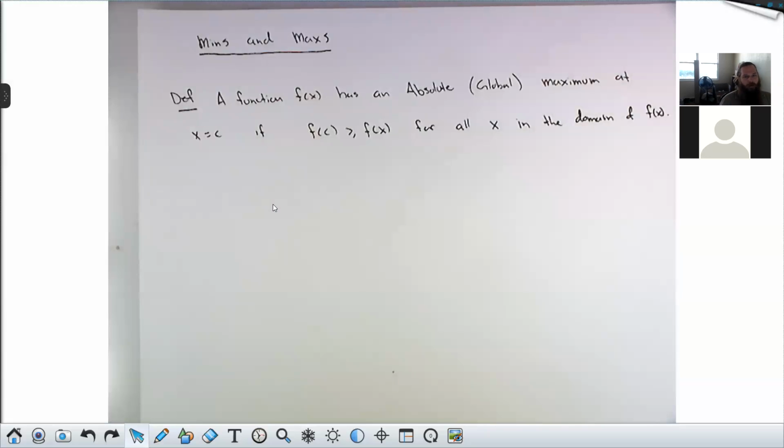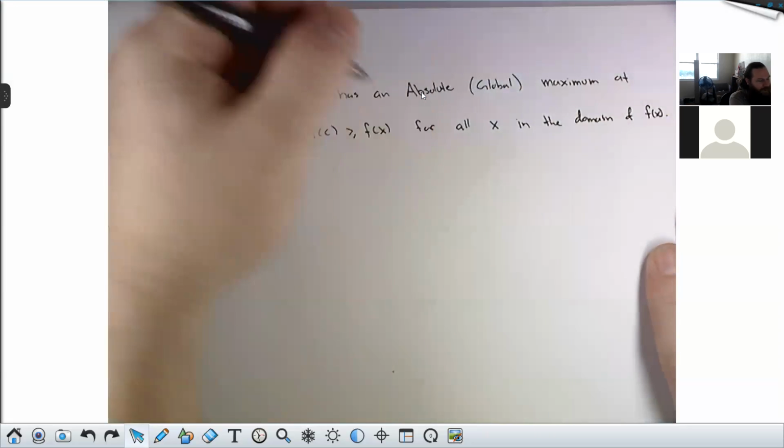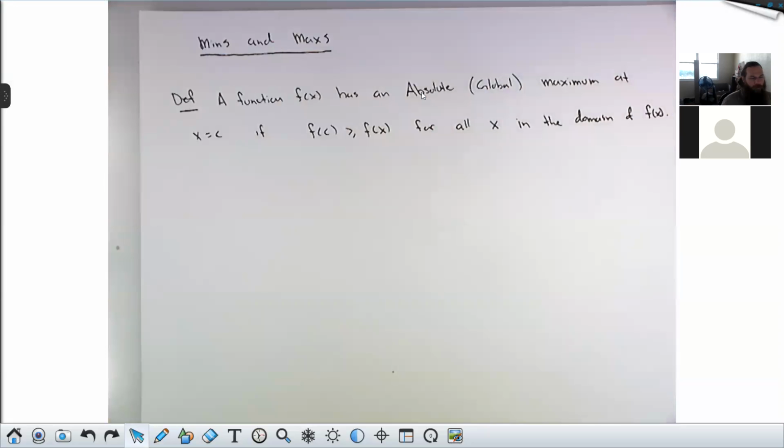So if the y value, f of c, is bigger than all the other y values, f of x, then at x equals c, we say we have an absolute or global maximum. Absolute and global are interchangeable terms. Your homework contains both, but absolute and global mean the same thing.